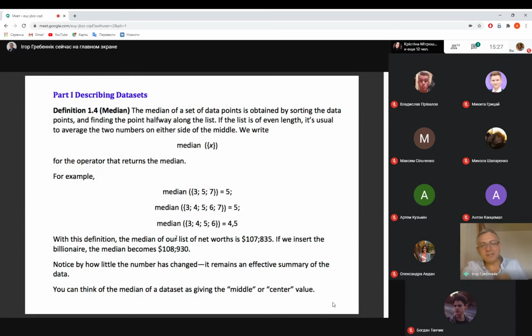And let's come back to the example with net worth. The median for 10 people was $107. If we insert the billionaire, the median becomes $108. Why? Let's come back to the table.